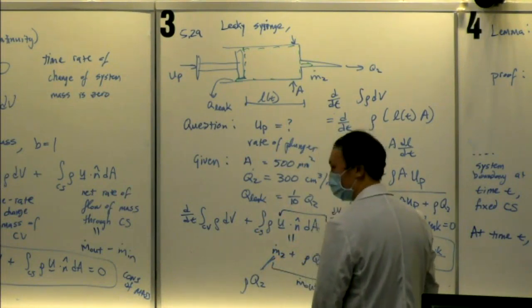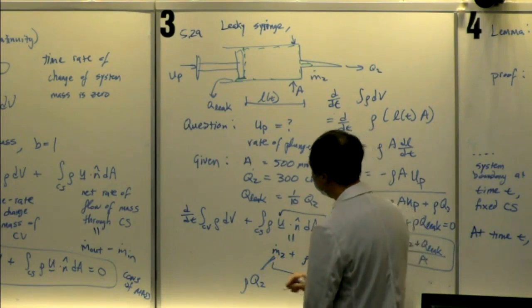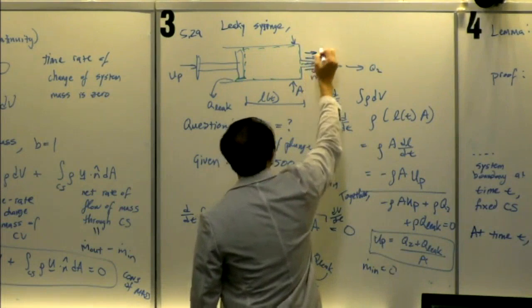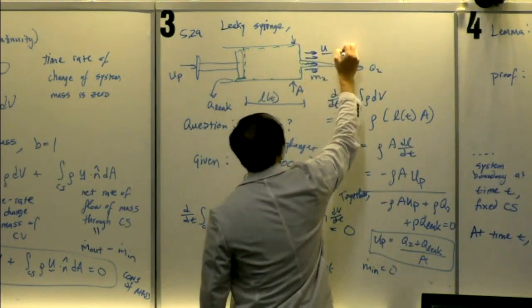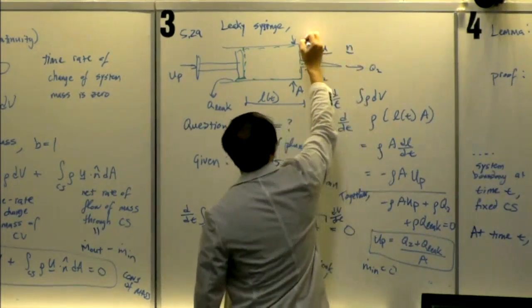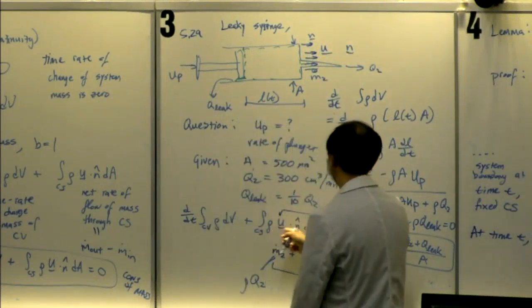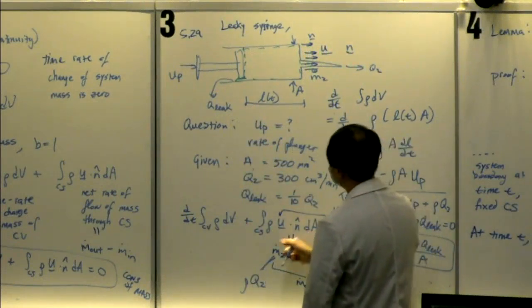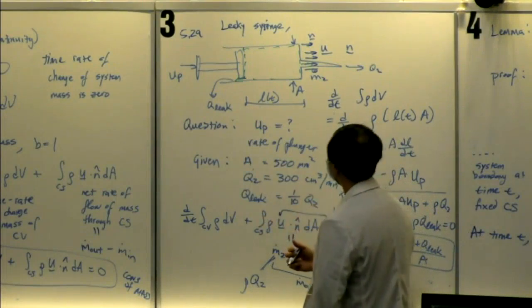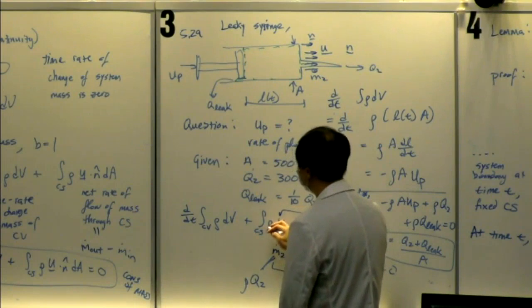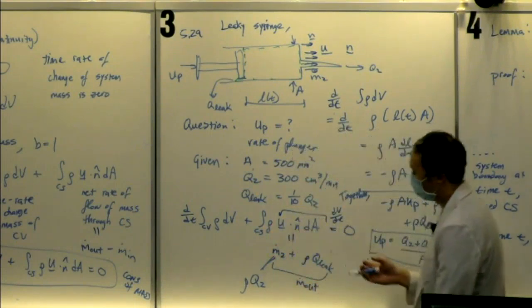And m dot in was 0. So if I were to draw little arrows coming out, that's u. n is also going outward. So u dot n times rho times A just gives you your mass flux out. This has units of volume per time, and this has units of density. So that's where we get mass.